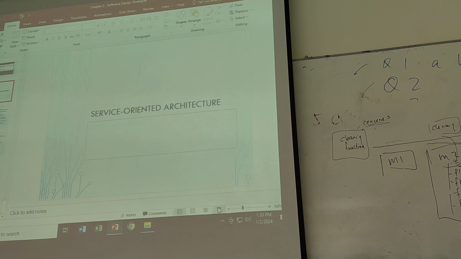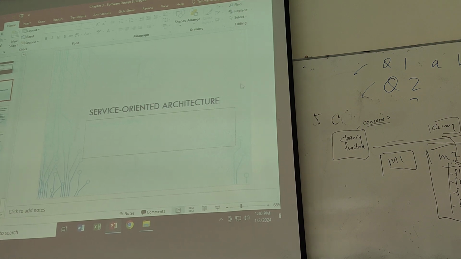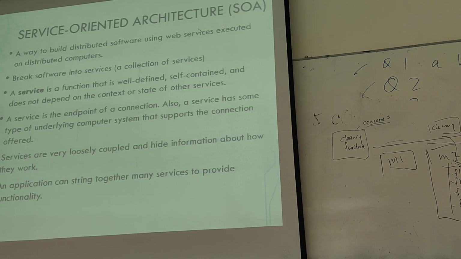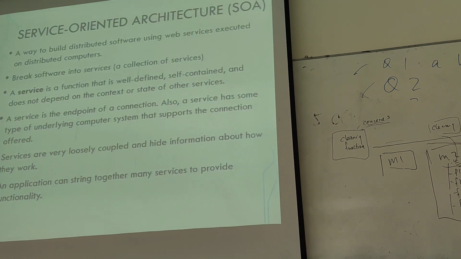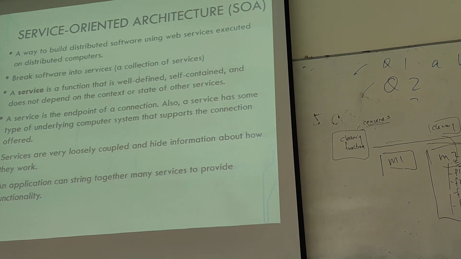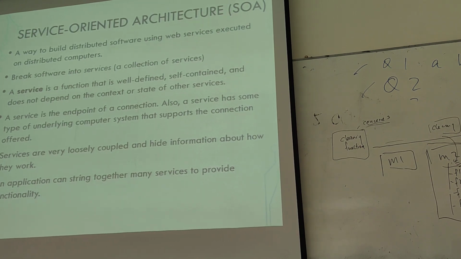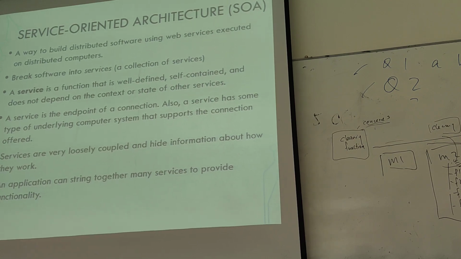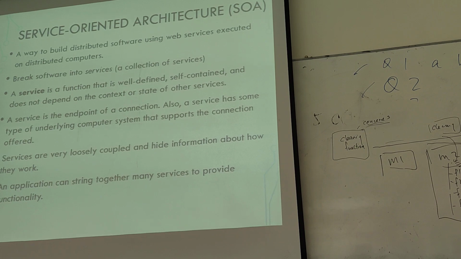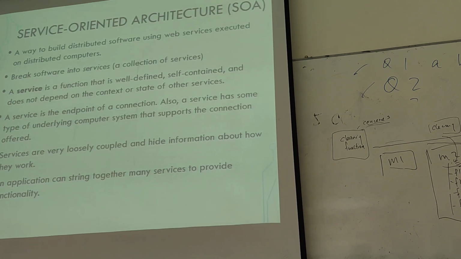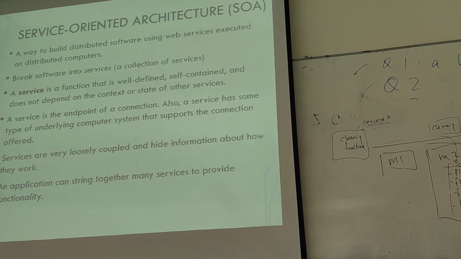Actually, this one is a repeat of your chapter 1 and 2. Service-oriented design is actually also an extension. In service-oriented design, we build the system, we build the services and allocate them in a distributed computer.